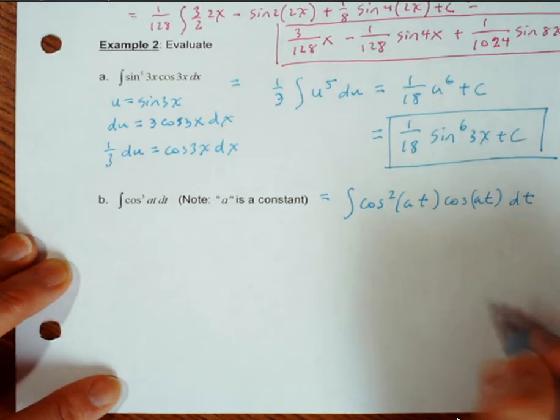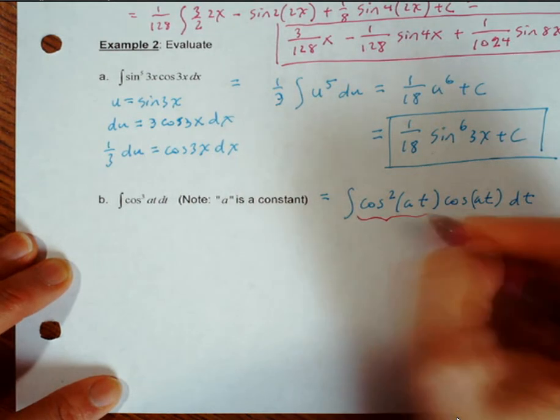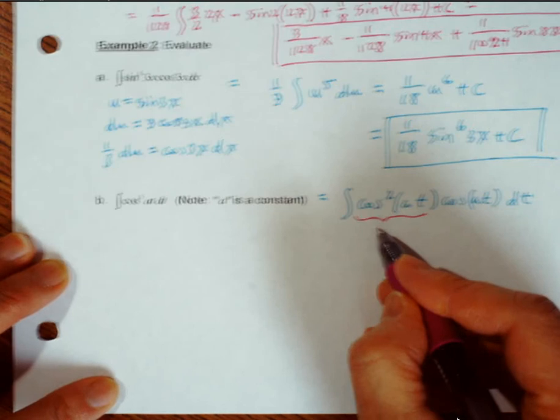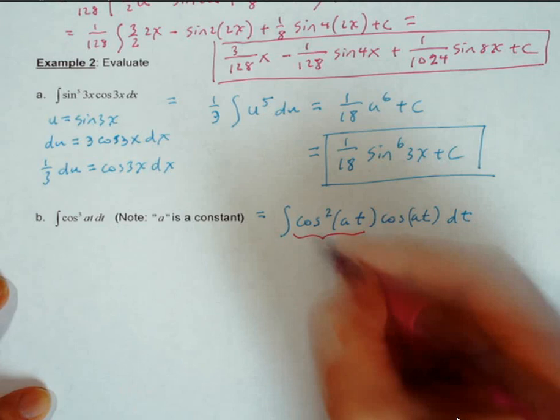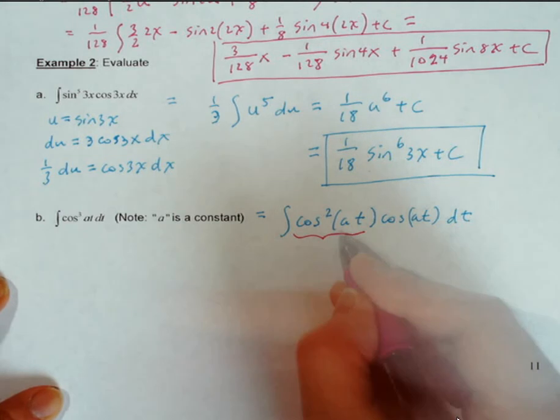dt. Okay, so on this one right here, I'm going to rewrite this using my Pythagorean identity, right? So I'm going to rewrite this one as 1 minus sine squared of at.